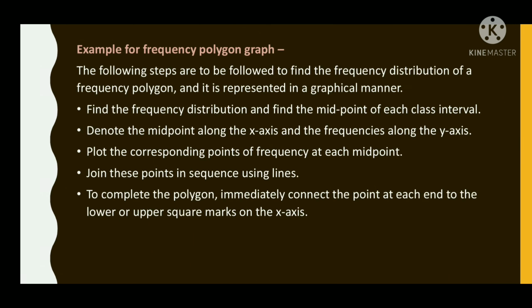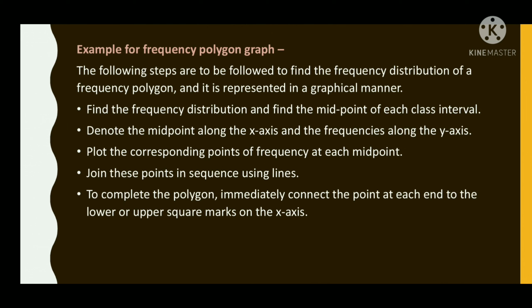Example of frequency polygon graph. The following steps are to be followed to find the frequency distribution of a frequency polygon and is represented in a graphical manner. Find the frequency distribution and find the midpoint of each class interval.